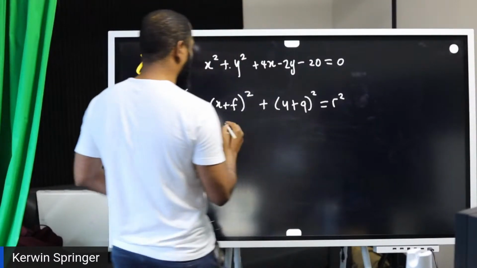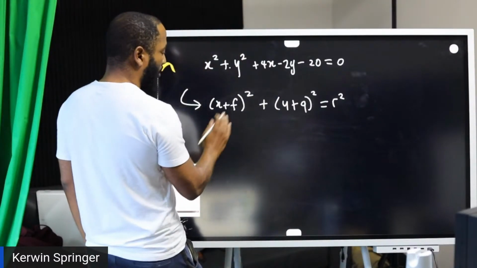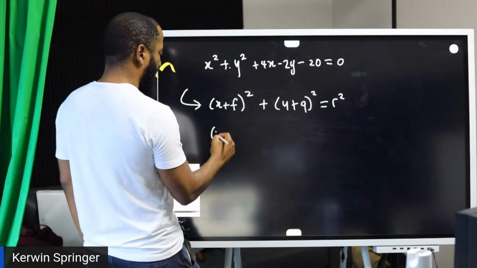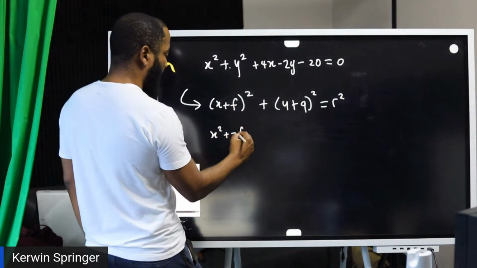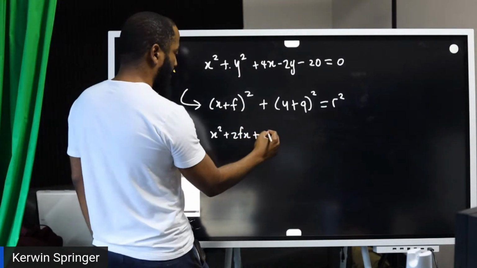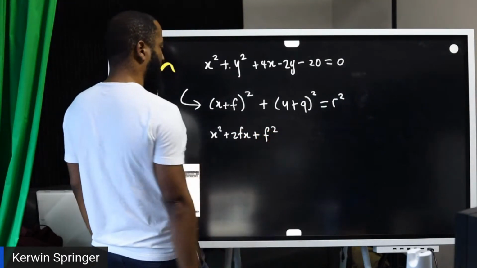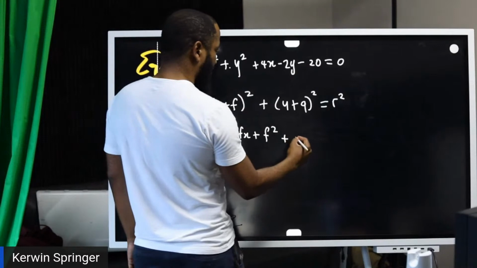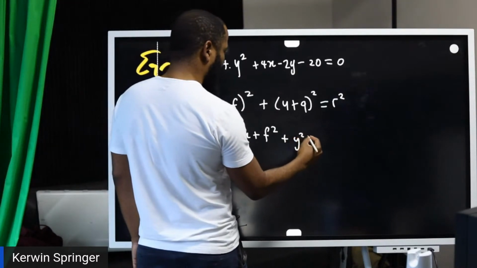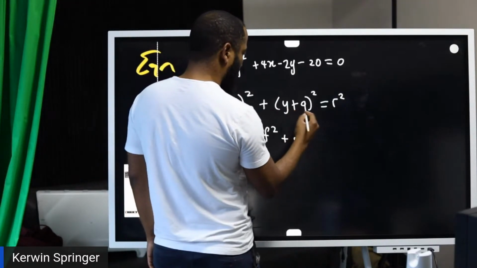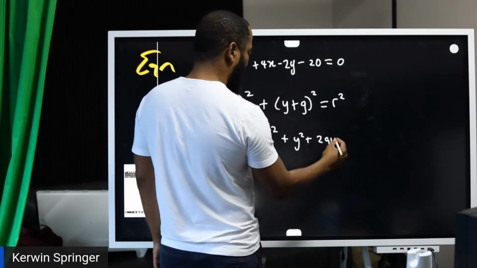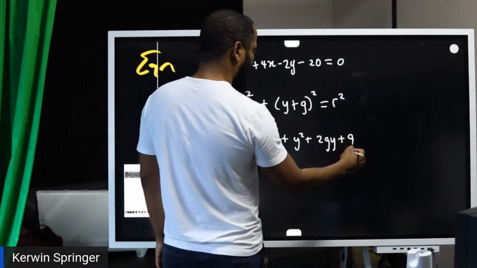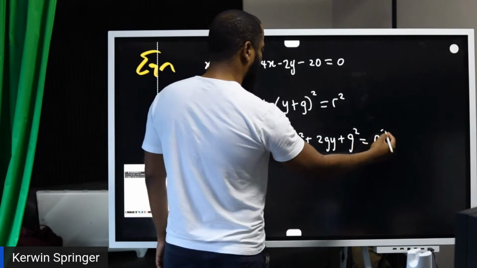So expanding this perfect square, you'll get x squared plus 2fx plus f squared. Verify that that makes sense to you. You'll get y squared plus 2gy plus g squared is equal to r squared.